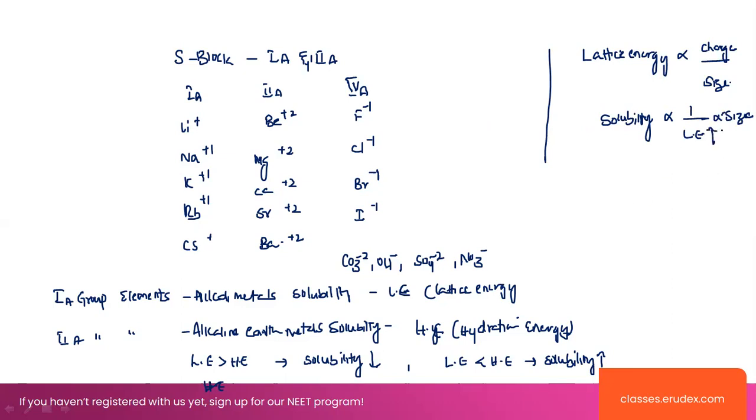Lattice energy more, then automatically solubility will be less. Whenever charge and size both come with equal priority, then we will give the first priority to the charge. Charge has the dominant role.